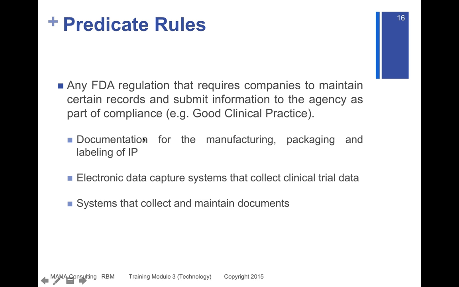Now, 21 CFR Part 11 refers to the predicate rule. The predicate rules are any FDA regulation that requires a company to maintain certain records or submit information to the agency as part of compliance. So if you are in manufacturing, it would be documentation for the manufacturing, packaging, and labeling of the IP. For clinical trials, among other things, it would be the electronic data capture systems, but it would also be any systems that are used to collect and maintain documents.